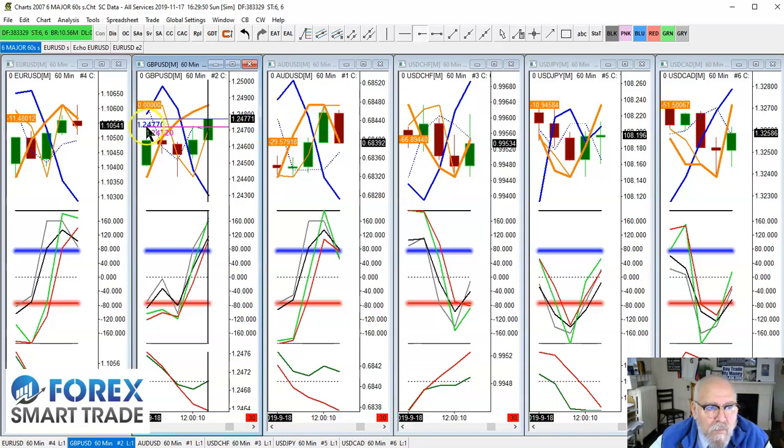So that's 5 pips. So I'm going from 1.2477 to 1.2472. 5 pips. So all I need is any part of the next candle to go through that.